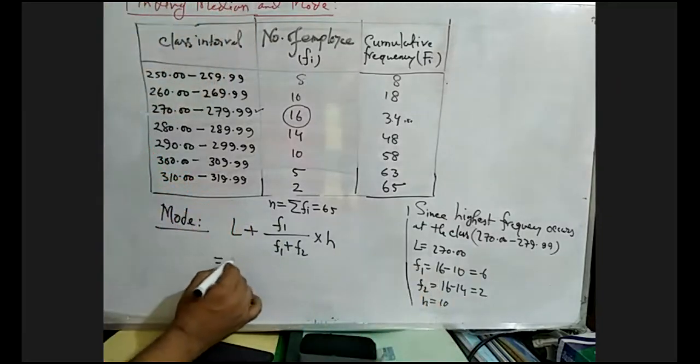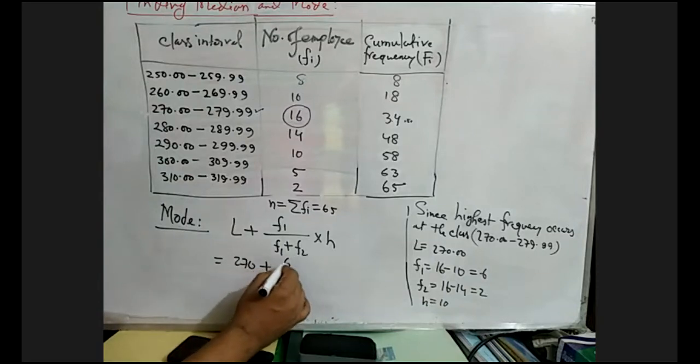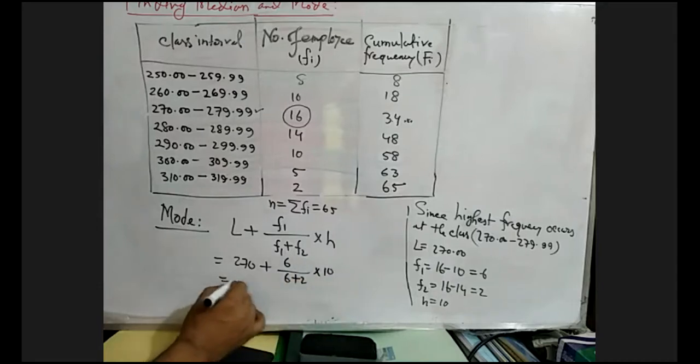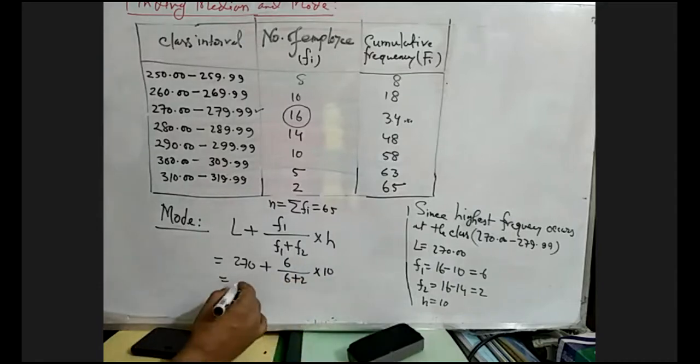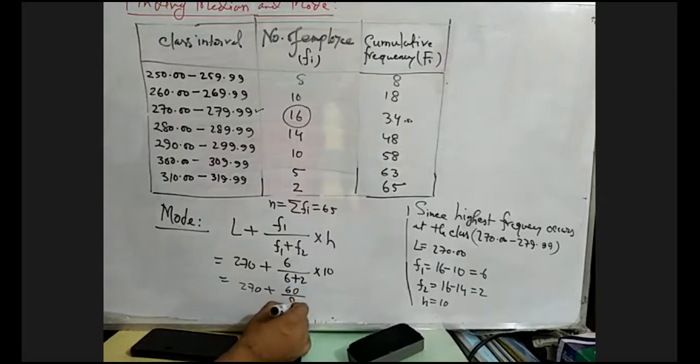So just putting these values, 270, 6 divided by 6 plus 2 multiply 10, and this is 270 and 6 by 8. 6 by 8 means 60 divided by 8. This will give the actual mode of this table.